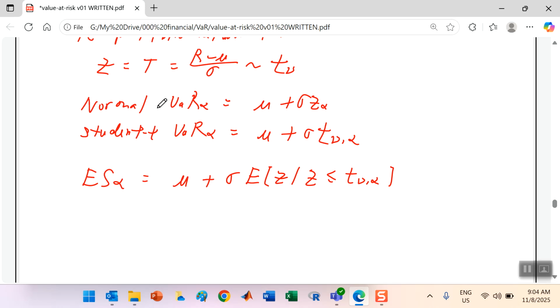So this is not the Z value, this is actually the T value. Z is just a variable. So what is the E of Z?